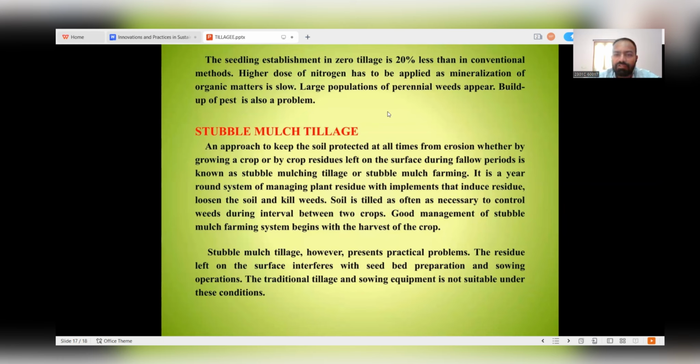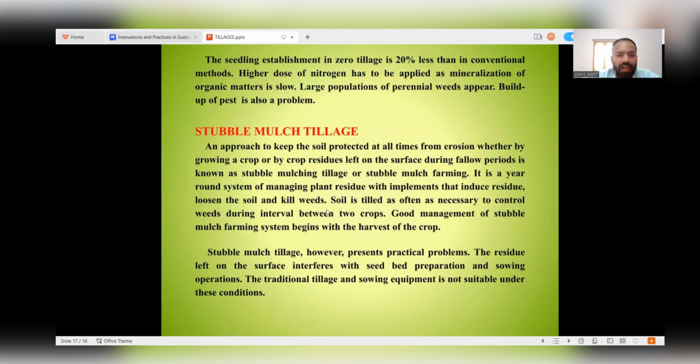Soil is tilled as often as necessary to control weeds during the interval between two crops. Good management of the stubble mulch farming system begins with the harvest of the crop. What are we using the stubble mulch for? For reducing erosion. It will control weeds and it will conserve soil moisture also.